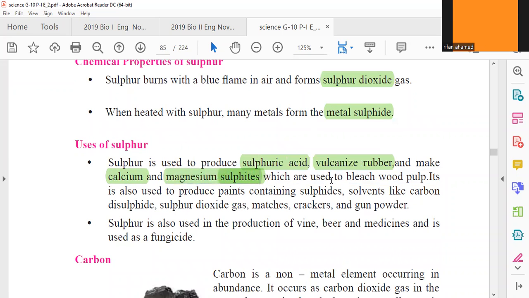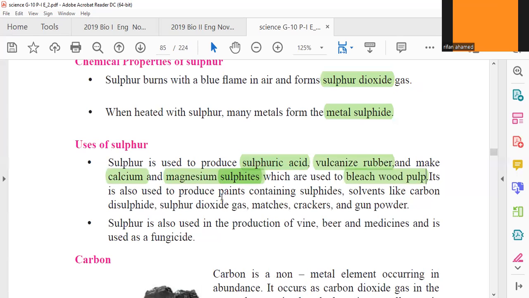These two compounds are used to bleach wood pulp. Remember, using wood pulp, we are making paper. Writing papers, A4 sheets, are made by bleaching wood pulp. In the beginning, wood pulp will be a pale yellow color. After bleaching, that white color will come. Then only it is converted to paper.